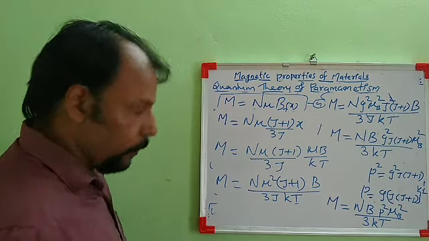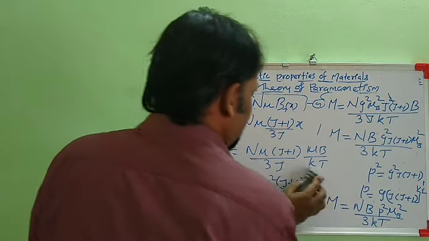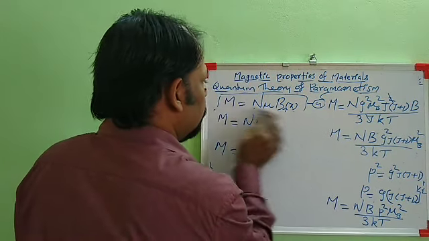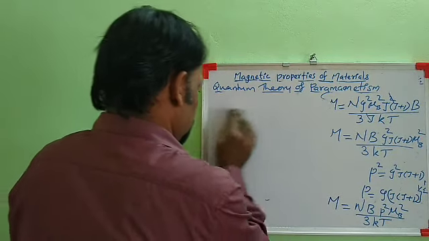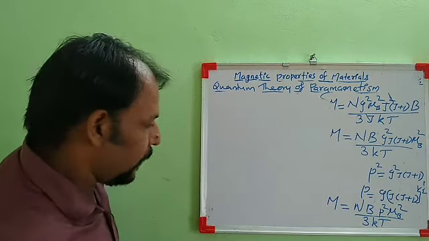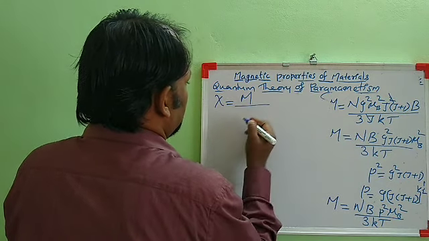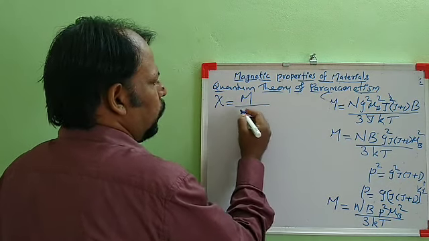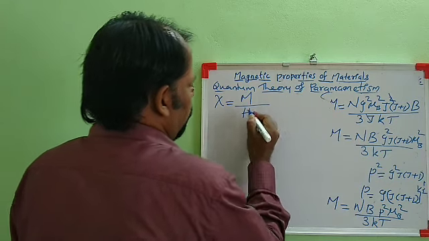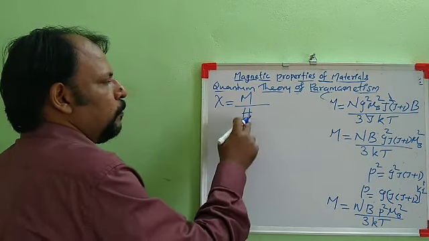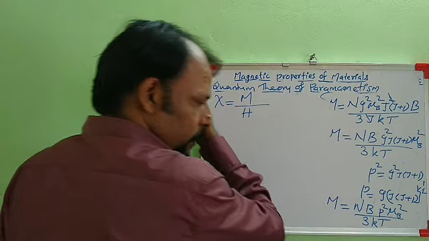So susceptibility, we know that susceptibility chi equal to magnetization, magnetic moment per unit volume, the ratio of magnetic moment per unit volume to magnetizing field in SI unit.